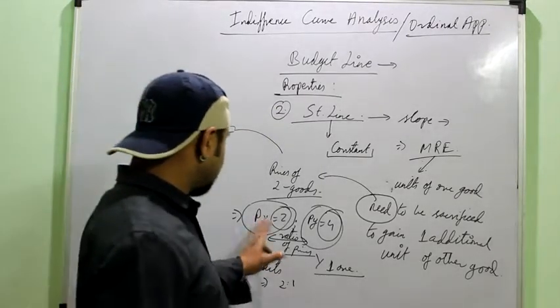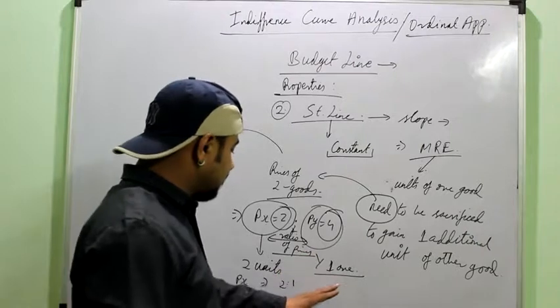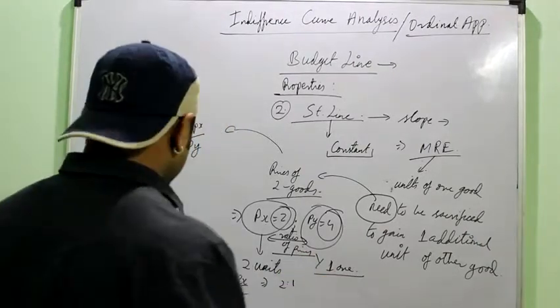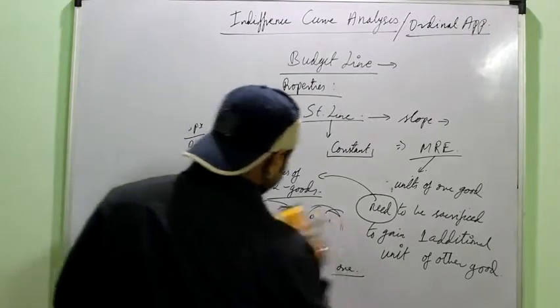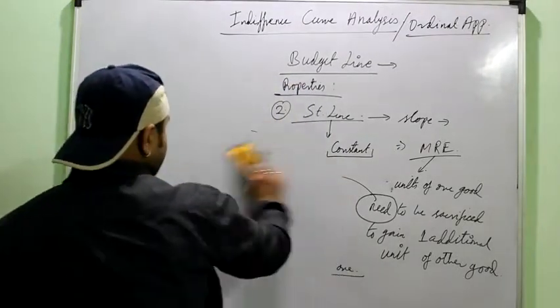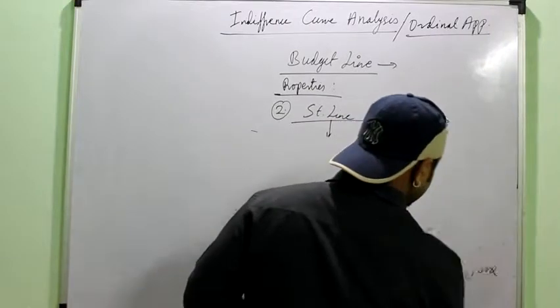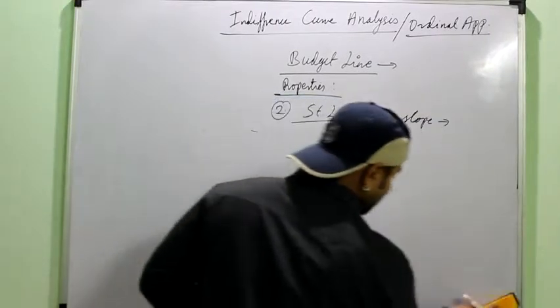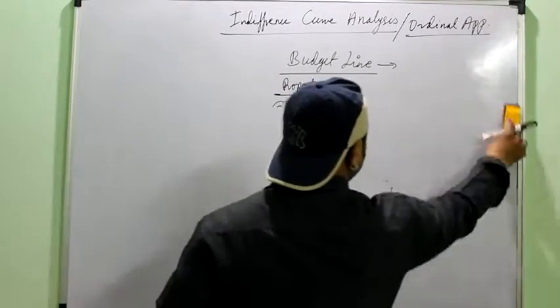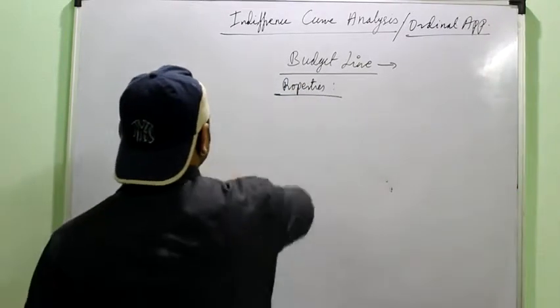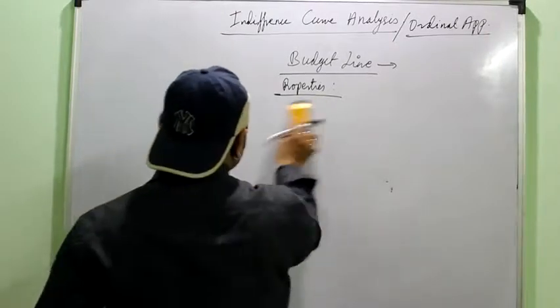It means if you want to increase the consumption of Y by 1 unit, you need to substitute 2 units of good X. Now why does this remain constant? This remains constant because here the price is assumed to be constant, or you can simply say that the consumer cannot decide the price of the commodity. The prices are decided by the market and not by the consumer.